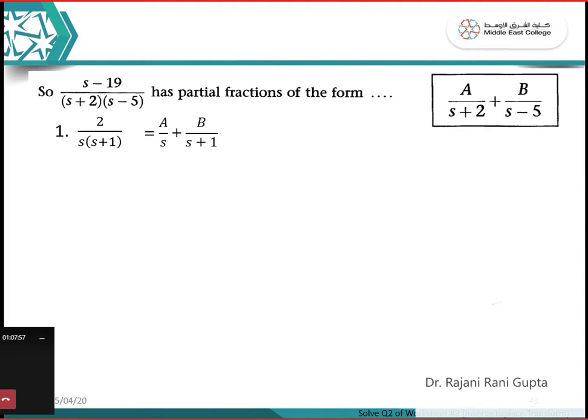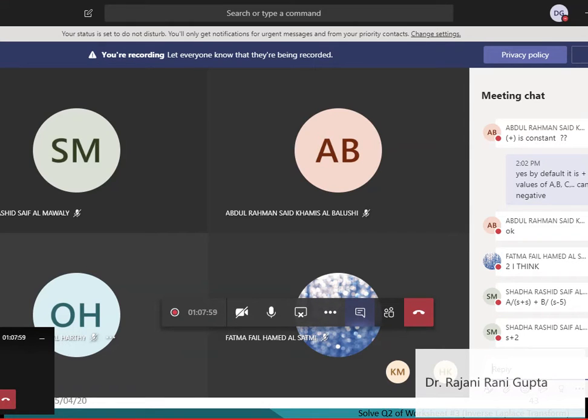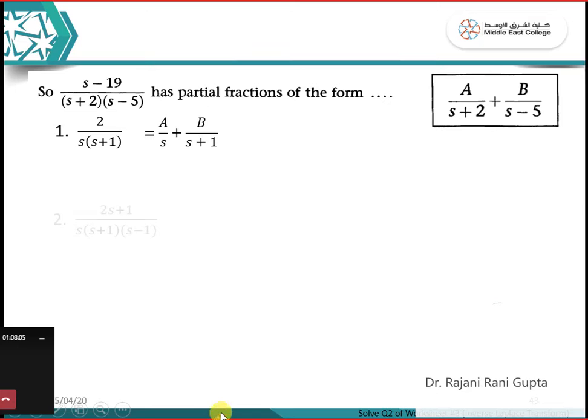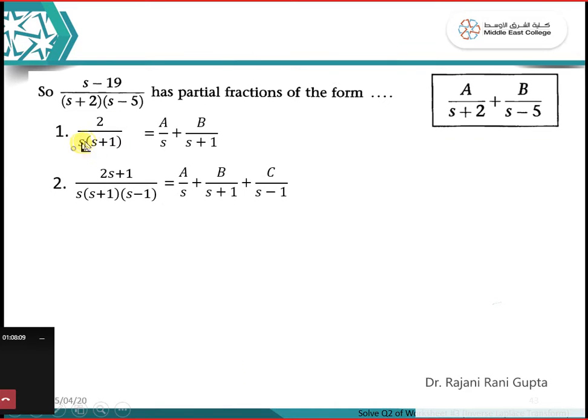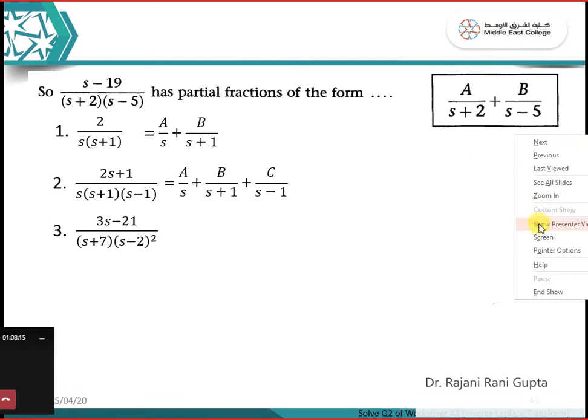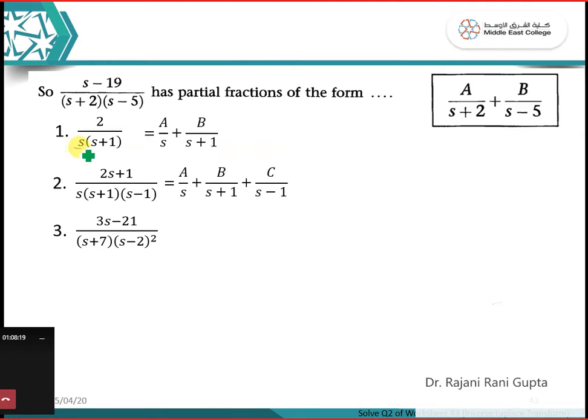Is it correct? Since we have two terms, S and S plus 1, we have S plus 1, so we get two terms.